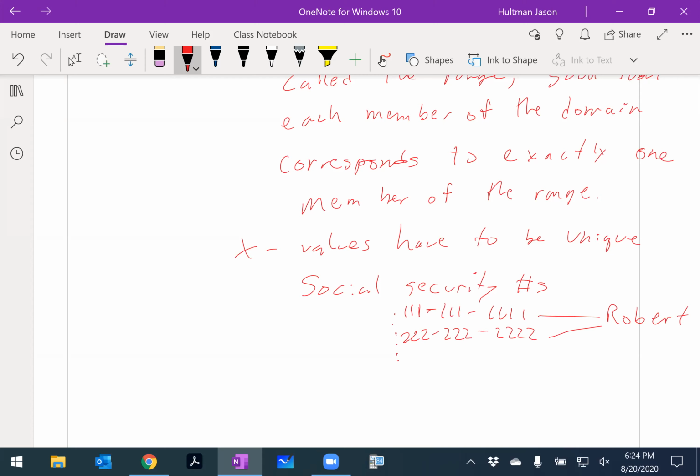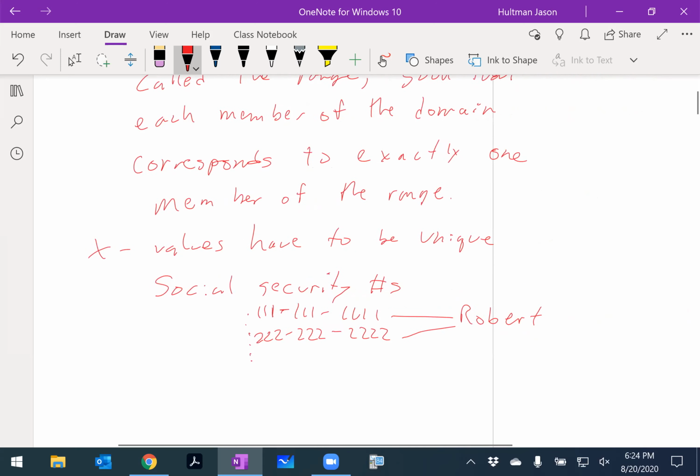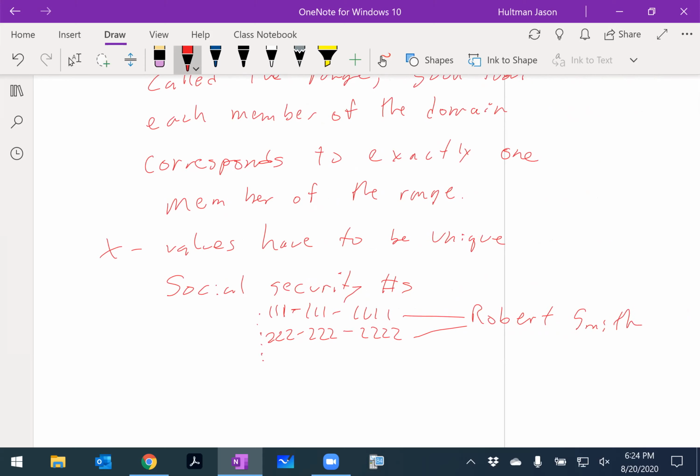Because the input is unique, I don't have a problem. The output doesn't have to be unique. We could have two different social security numbers both go to a guy named Robert. Hopefully the person has a different last name or middle name, but even if they were both Robert Smith, it doesn't matter. It's still a function because the inputs are unique.